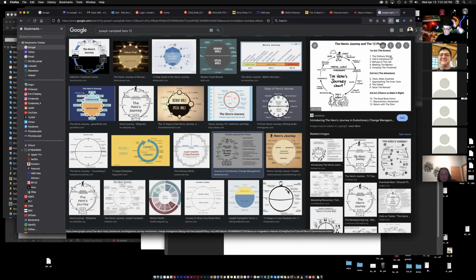The ordinary world, nothing is happening here. It's just exposition. It's just telling you who the character is, what their thoughts and their beliefs are, but something has to happen. Now, when you're playing a game, the character just appears on the level when you start playing. So when you're talking about games, there is no call to adventure. The character's already there.